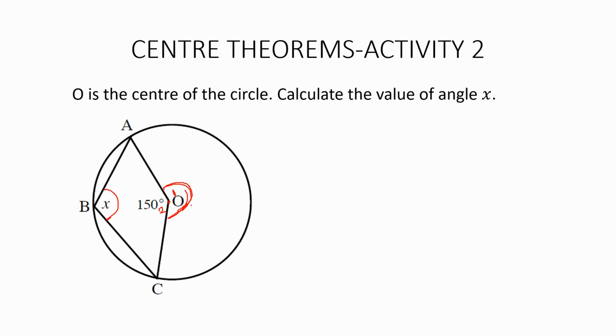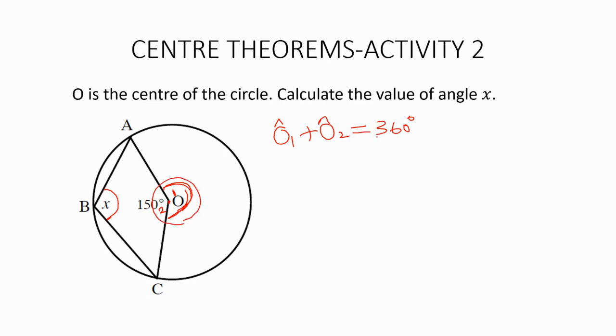What is the size of O1? O2 is 150. O1 is going to be 360 minus 150, because angle O1 plus angle O2 is equal to 360 degrees. Why are they 360 degrees? Because these are angles around a point.